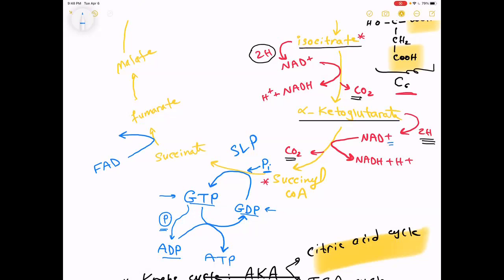So no plus sign. FAD is becoming FADH2, in which the succinate loses 2 hydrogens to the FAD. And the FAD will grab the 2 hydrogens and will become FADH2.